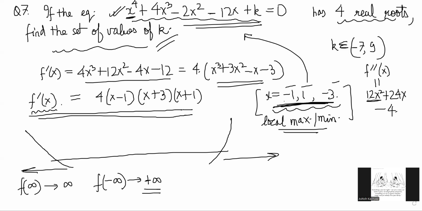At -1, you are getting 12 - 24, a negative value. So it is a maxima at -1, right? Yes, at -3, -1, and +1. We have to think about what happens. It is a maxima at this point, and by checking the function value you will know whether the maxima is above the x-axis or below the x-axis, right?